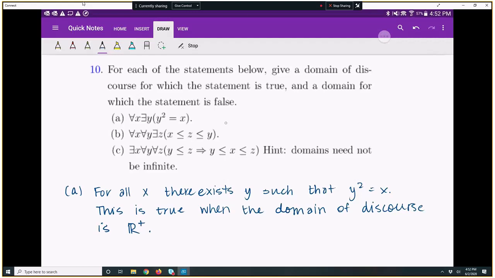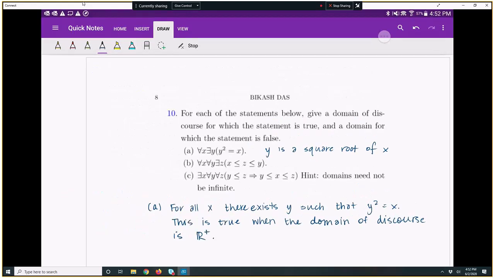Then y squared will be equal to x. And we can do this with any positive real number. Find a square root.